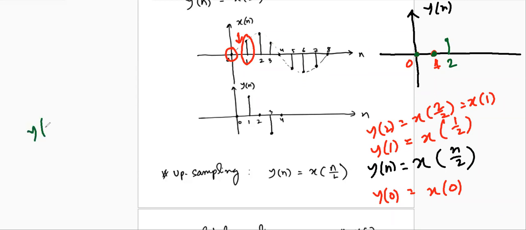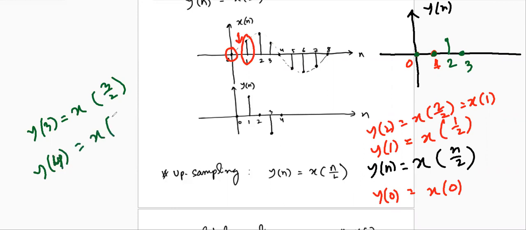Similarly, y[3] is x[3/2], so we don't have any value, and we replace it with 0. What about y[4]? That is x[4/2] equals x[2], so the second sample is represented at the fourth sample of y[n].